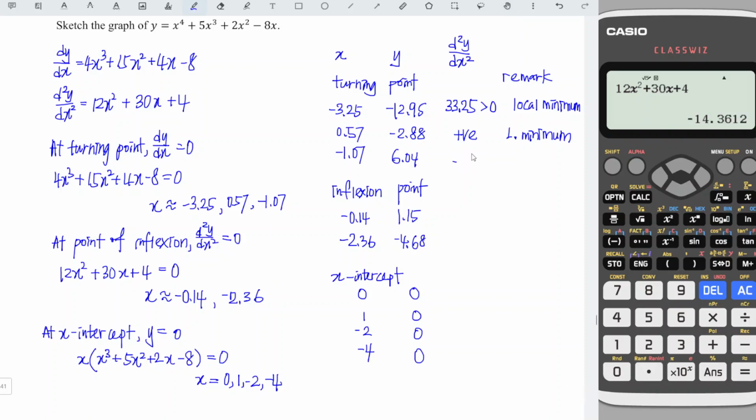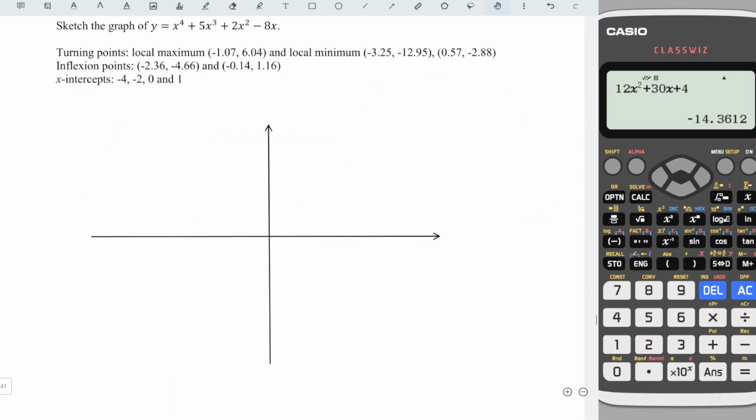So this is a local maximum. And now we can proceed to sketch the graph with all the information that we obtained. We might have a small difference in the y values due to the decimal numbers that we've taken for x. But this is not important since this is just for sketching purposes.